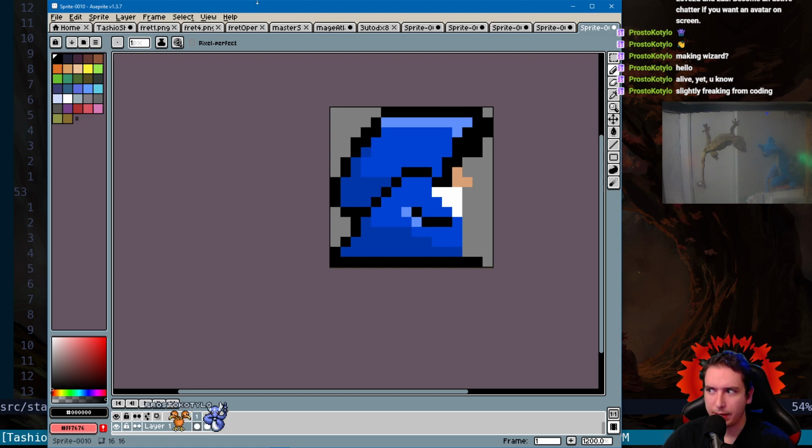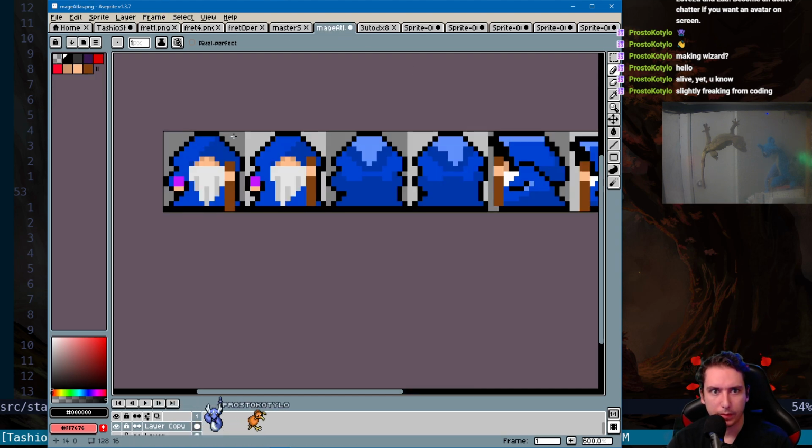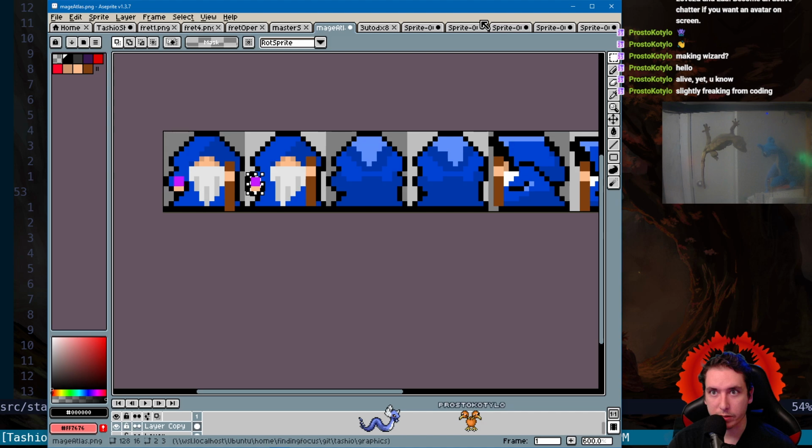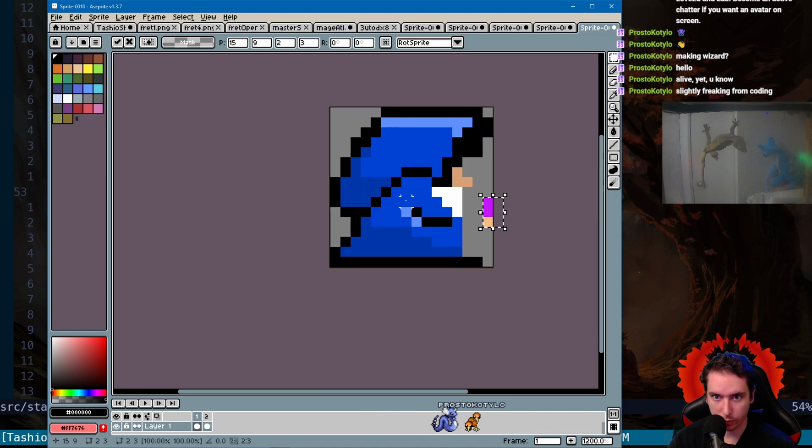So this guy has like a little orb in his left hand. Or in his right hand, actually. So when he's walking to the right, we can see that orb.